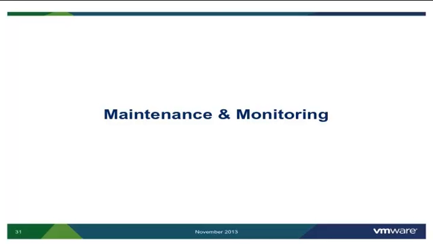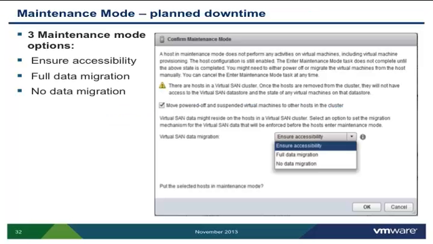So a few more, just to mention, we did touch on this briefly, just the maintenance and monitoring. If you do have hosts where you need to do maintenance on, you can actually decide, just shut the host down, leave all the components on the disks on this host, because it's only going to be a very short maintenance window. I'm going to do something very quickly and bring the host back up and let everything resync.